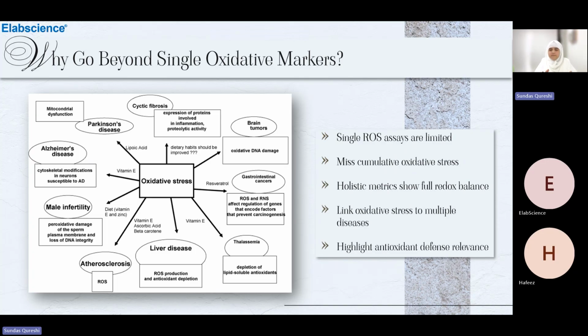So holistic metrics like TOS and TAS capture the cumulative oxidative load and overall antioxidant capacity, providing a more complete understanding of redox balance. This integrated approach helps link oxidative stress to multiple disease processes, from neurodegeneration and infertility to cardiovascular and metabolic disorders, while also highlighting the protective role of antioxidants.